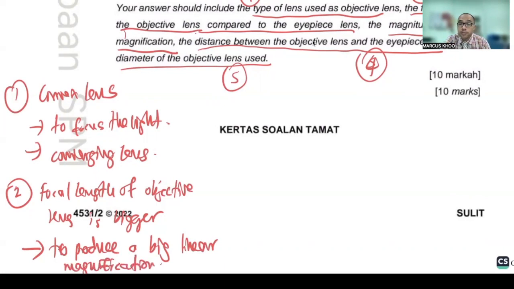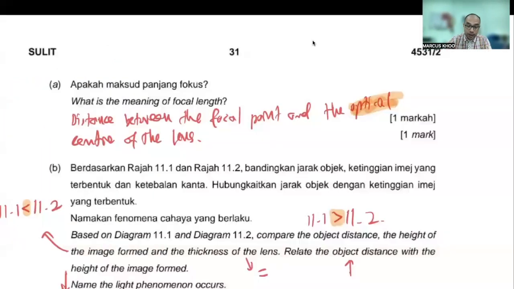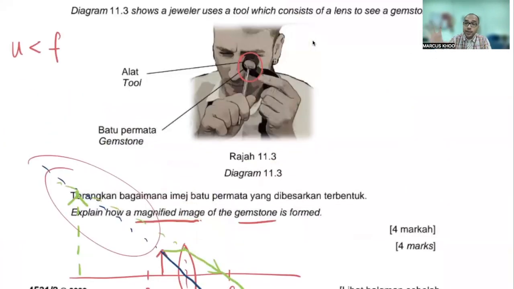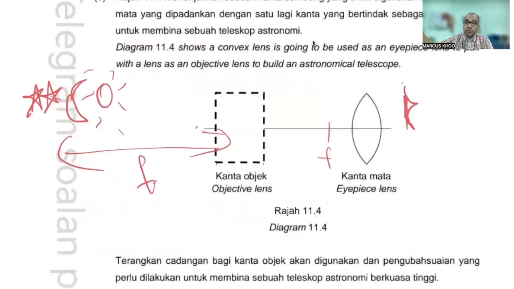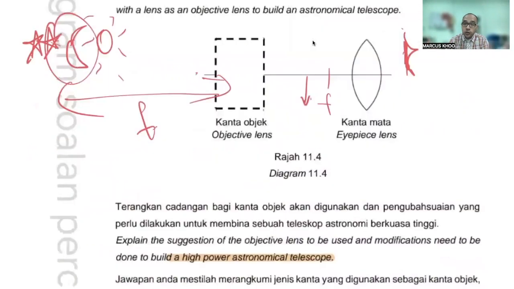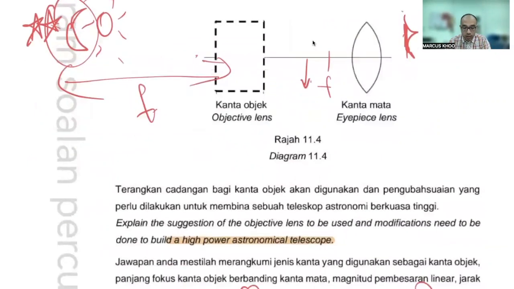What happens is the objective lens makes the image smaller and the eyepiece lens magnifies it. So the eyepiece lens serves as a magnifying glass for an image that has been made smaller by the objective lens. When the light comes in, the image formed is very small compared to the actual size of the star, and the eyepiece lens just makes it bigger. So when you combine these two, you generally get a bigger linear magnification because of the eyepiece lens.